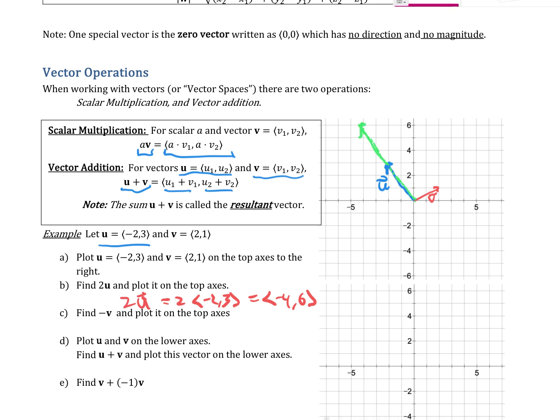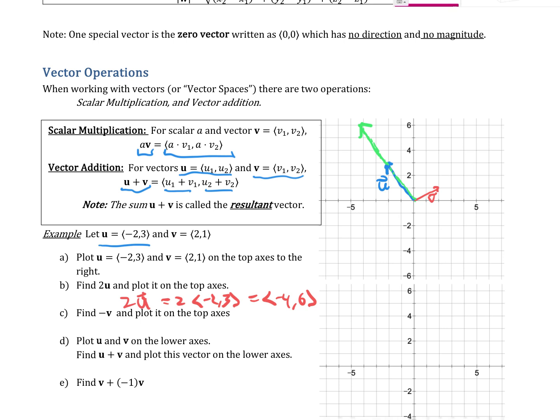Notice that this vector goes in the same direction as u, but it's twice as long. See that? We're going over 2, up 3, over 2, up 3. It's twice as long. So the magnitude is twice as long, same direction. Okay. What if we do -v?